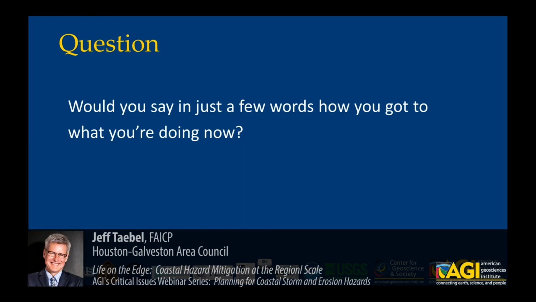This is Jeff. I kind of went in the opposite direction. I have an undergraduate degree in life sciences, and I worked for my alma mater for a couple years trying to decide what I wanted to do, and I realized that I was more interested in the policy part of it than the science per se. So I got into urban and regional planning and started out working as a city planner, and then went to work for the regional council where I'm at now.